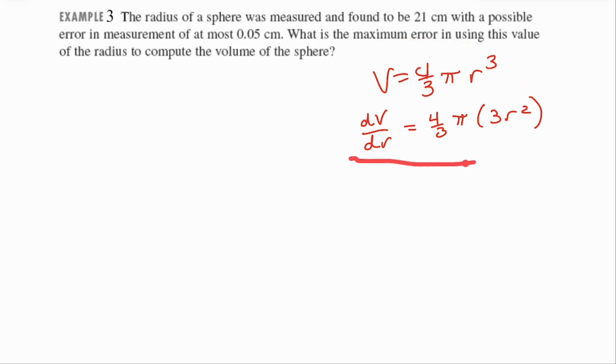We're looking at the change in the radius, at most. So our dr is 0.05, and we'll put a plus or minus to say it can be above or below, but that's the most it can be, okay? And we know that the radius is 21.